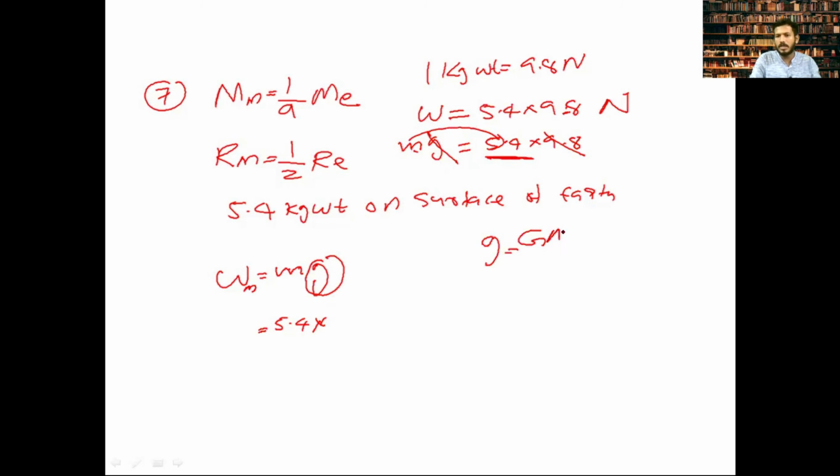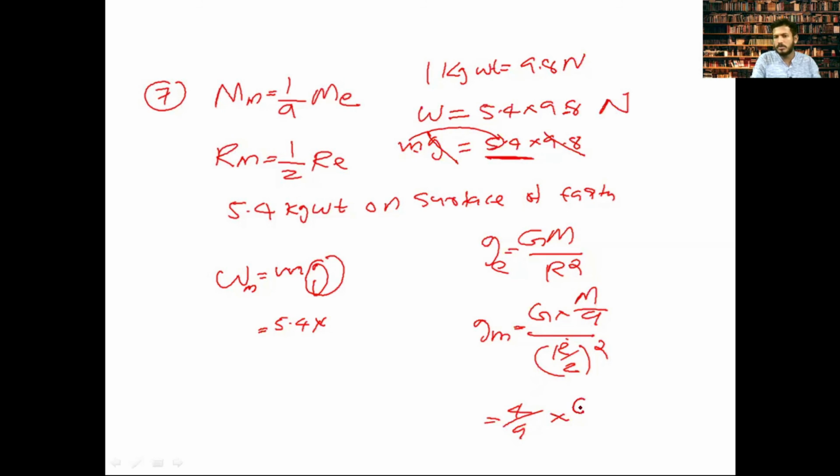g equal to GM divided by R square at Earth. g at Mars is equal to G into M by 9 by R by 2, the whole square. Listen, here we get 4 by 9 into GM by R square.